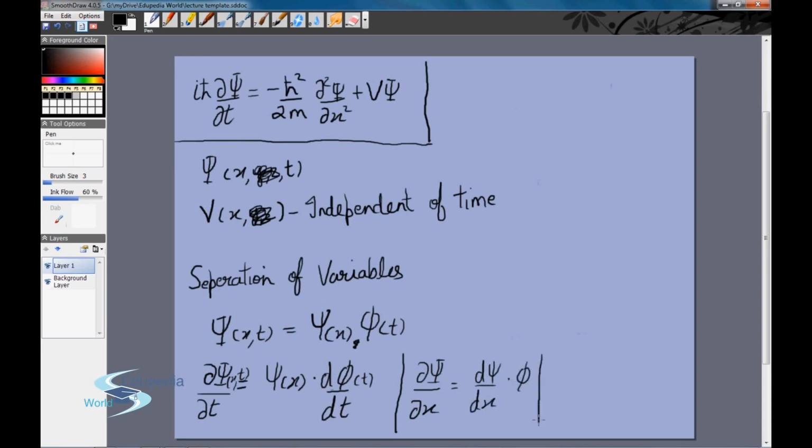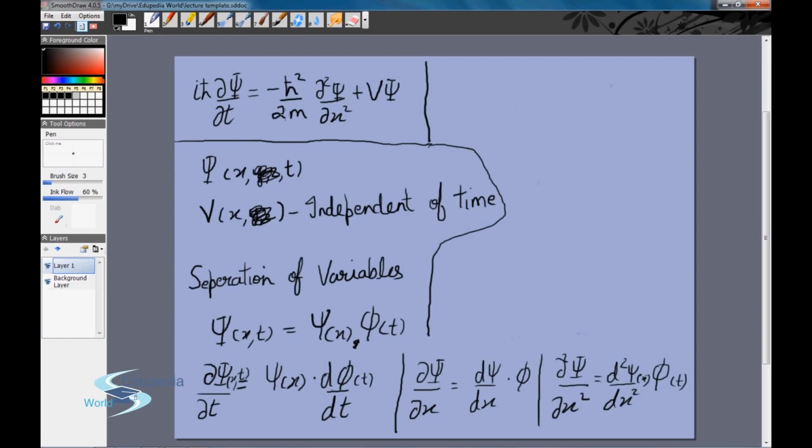And from that we can get the double derivative, del squared psi by del x squared, which is what we need here, and that will be equal to d2 psi by dx squared into phi. Always notice the difference between partial derivative and direct derivative. Partial derivative means that the function is a function of more than one variable. A direct derivative means this is only a function of x and this is only a function of t. So let's input these into this equation.